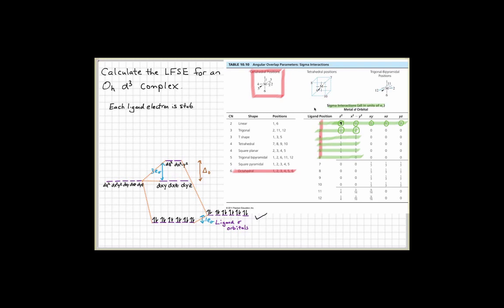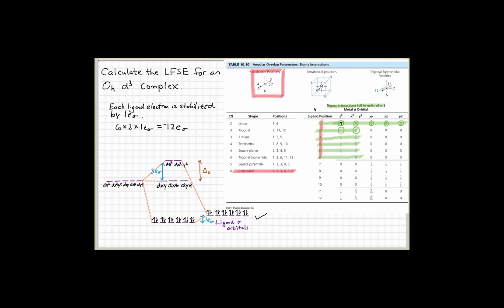So each ligand electron is stabilized. So 6 orbitals with 2 electrons each, each stabilized by 1 unit, is a total of 12 E sigma, the net energy benefit.